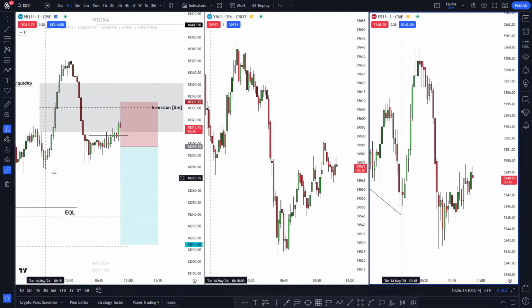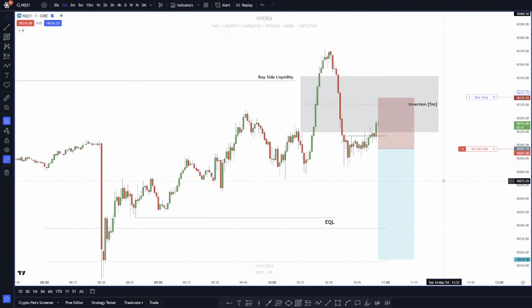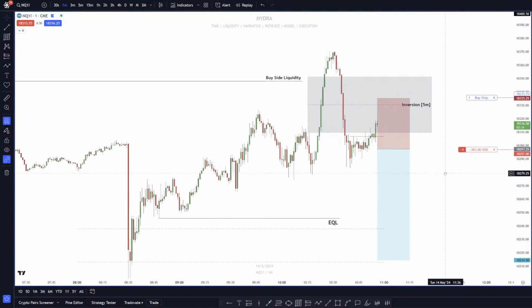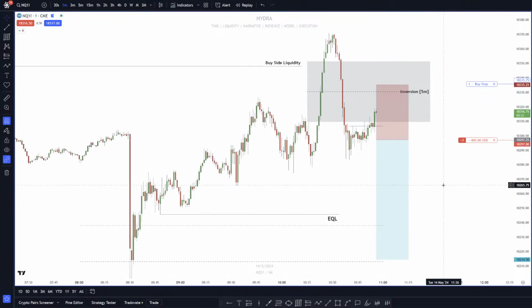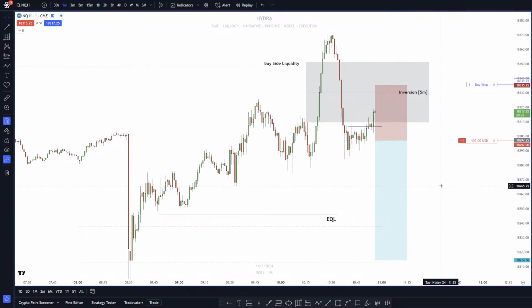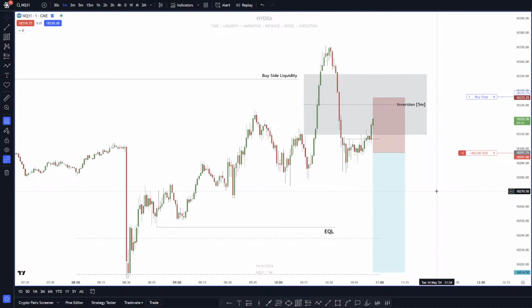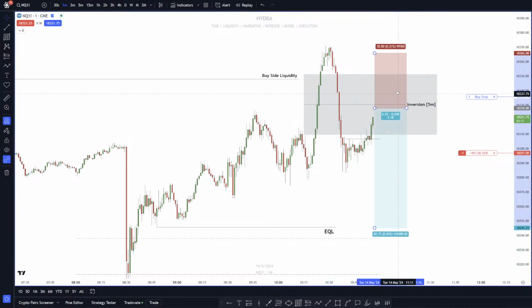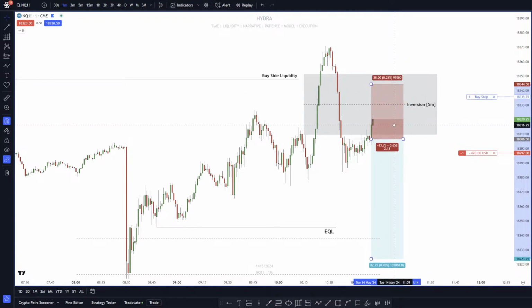See that? So entry from a consequent encroachment was nice.